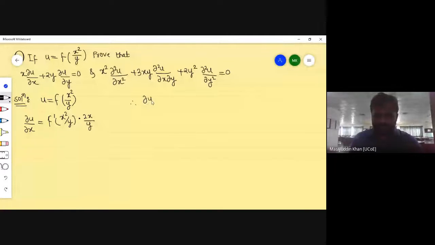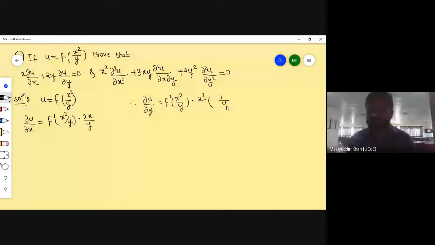According to the similar concept we have to apply here f dash of x square by y into derivative of this function with respect to y. So here x square is treated as it is into derivative of 1 by y. If you remember in the first lecture or second lecture, derivative of 1 by x is what? Minus 1 by x square. So derivative of 1 by y will become minus 1 by y square as it is.